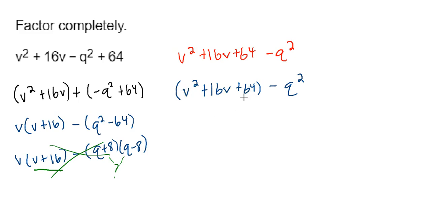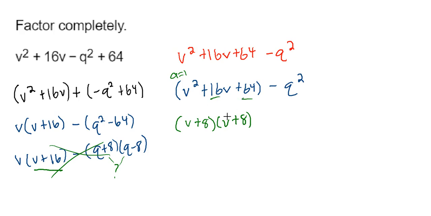We're going to have to find two numbers that multiply to 64 and add to 16. And because a is equal to 1 here, we can use our shortcut for getting the answer. This will factor as v plus 4, sorry, not plus 4, v plus 8 times v plus 8.